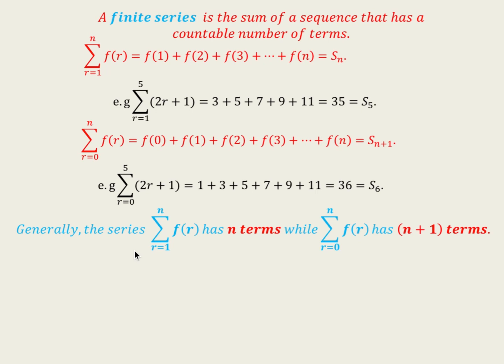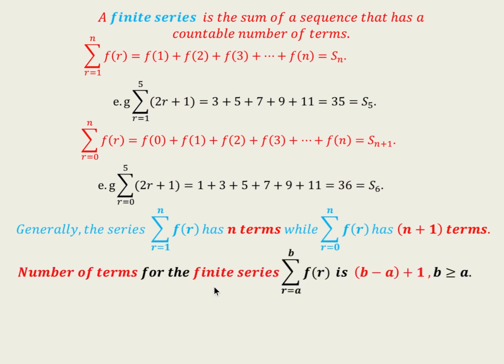We have to note that generally the series summation from r equals 1 to n of f of r has n terms. So when the lower limit is 1, the upper limit would give you the number of terms, and when the lower limit is 0, you have to add 1 to the upper limit to get the number of terms.